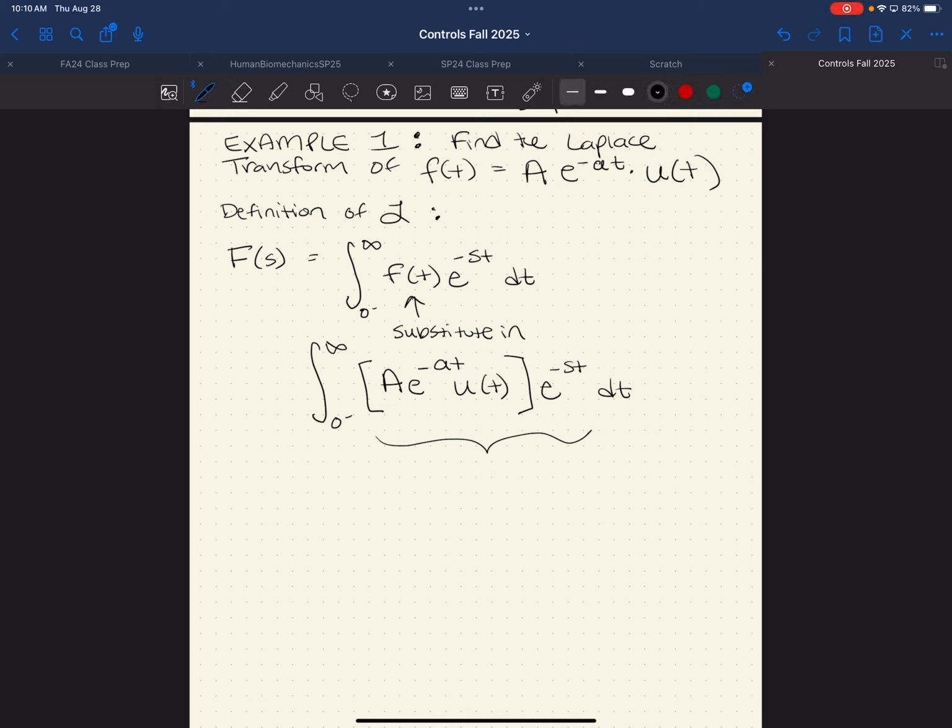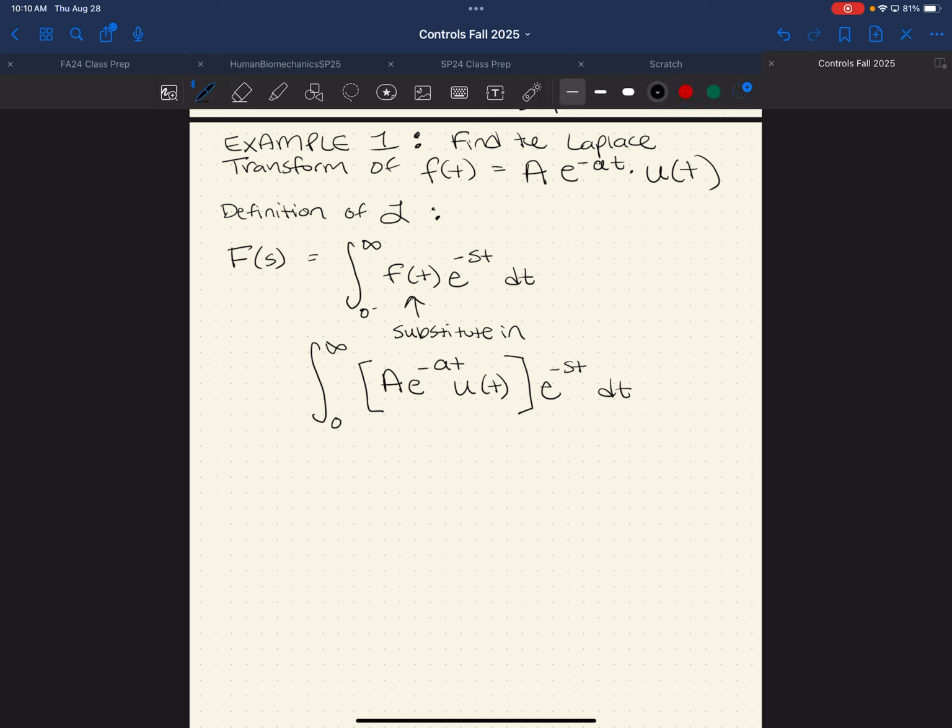So we need to think a little bit about the u of t. The u of t is what for anything to the left of 0? Anything to the left of 0 is not going to add anything to this integral, because it's u of t. So in actuality, we don't need to worry about the minus so much.